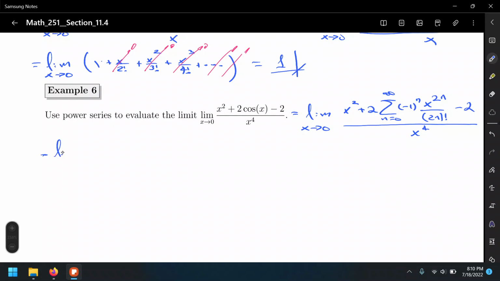Okay, so the limit as x approaches 0 of x squared plus 2 times the series expansion. Let me write it in polynomial form, just a few terms: 1 minus x squared over 2 factorial plus x to the 4th over 4 factorial minus x to the 6th over 6 factorial plus dot dot dot, and minus 2. So what's going to happen here?